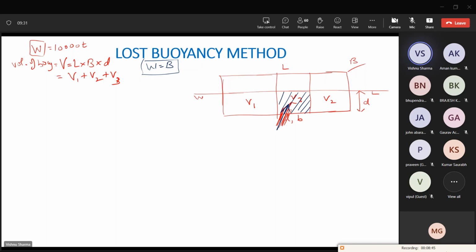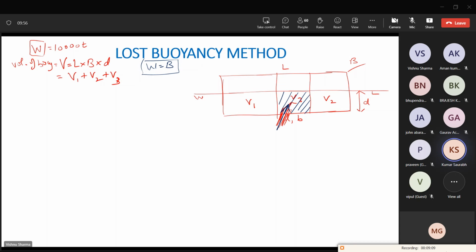Okay. Now, tell me, guys, if the water has come into the compartment and now the vessel rolls or pitches, will this level inside the compartment remain the same, or will it change with the rolling, pitching, and movement of the vessel?